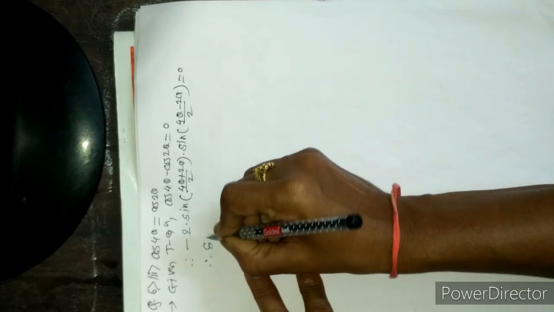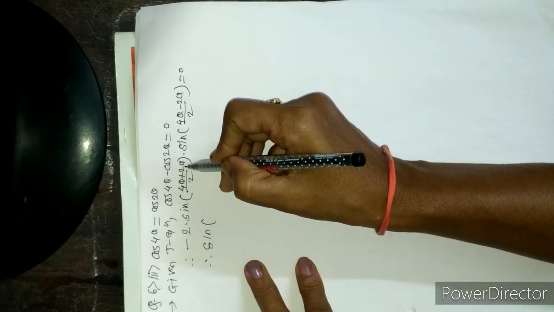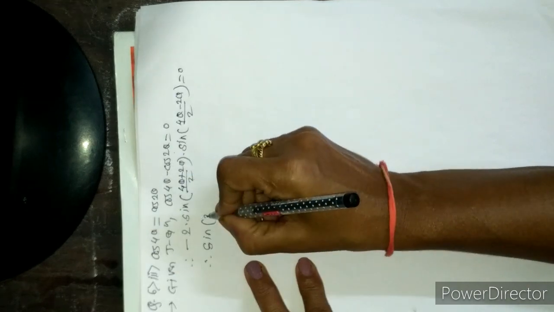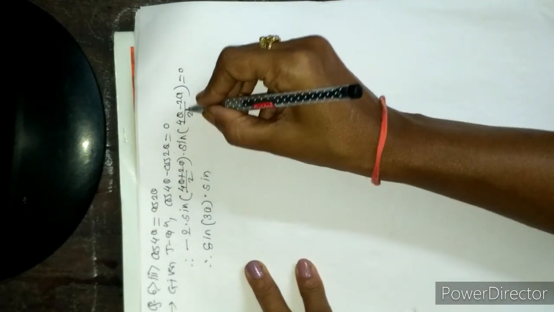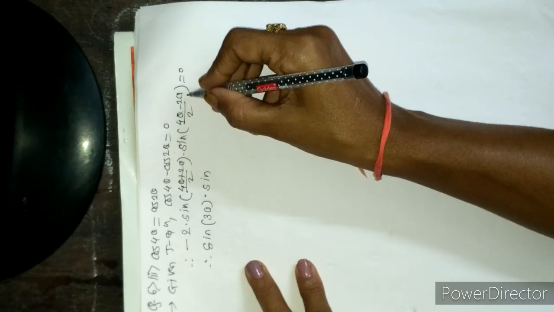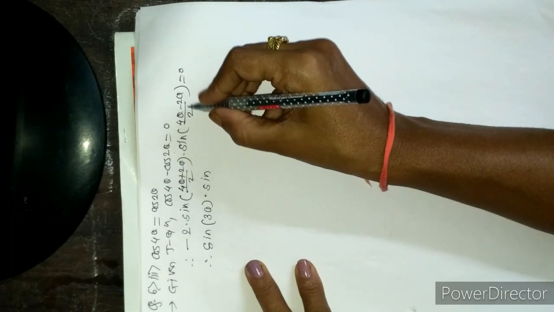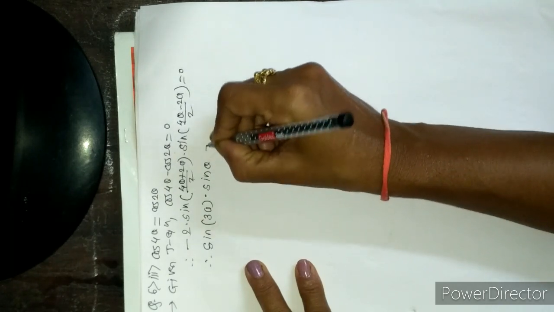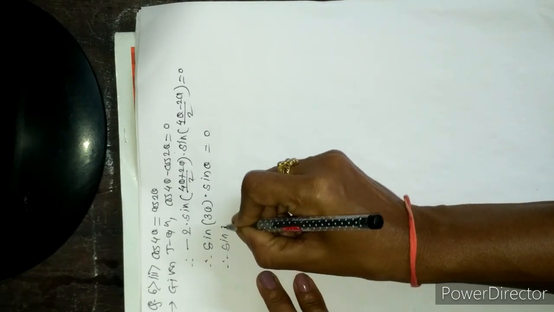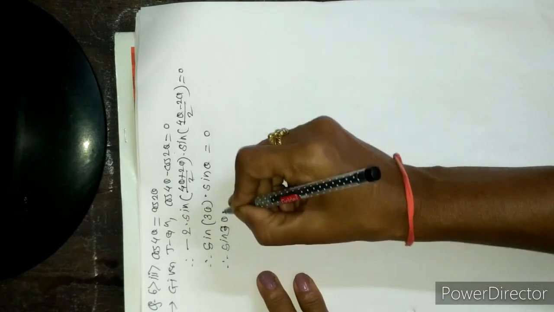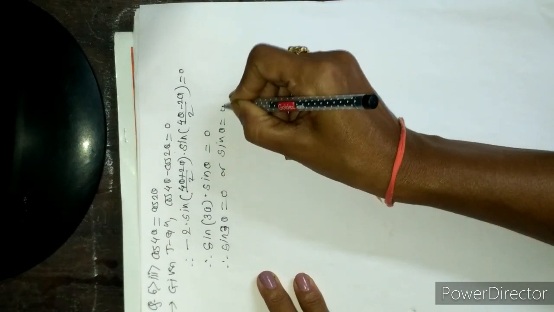So we get sine of 6 theta by 2, that is 3 theta, into sine of (4 theta minus 2 theta) by 2, that is 2 theta by 2, which is theta, and that product becomes 0. What does this imply? We get from this equation either sin 3 theta equal to 0 or sin theta equal to 0.